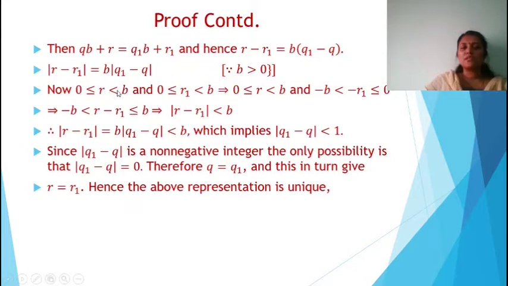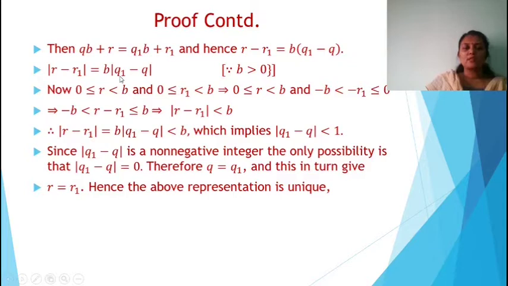We multiply the second inequality by minus 1, so 0 greater than or equal to minus r1 greater than minus b. We can change this to minus b less than minus r1 less than or equal to 0. Now if we add these two inequalities, we get minus b less than r minus r1 less than b, which implies modulus of r minus r1 is less than b.